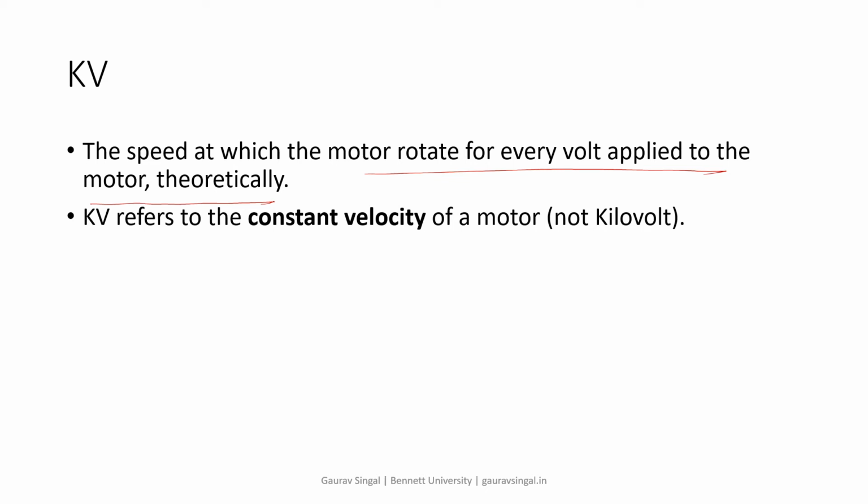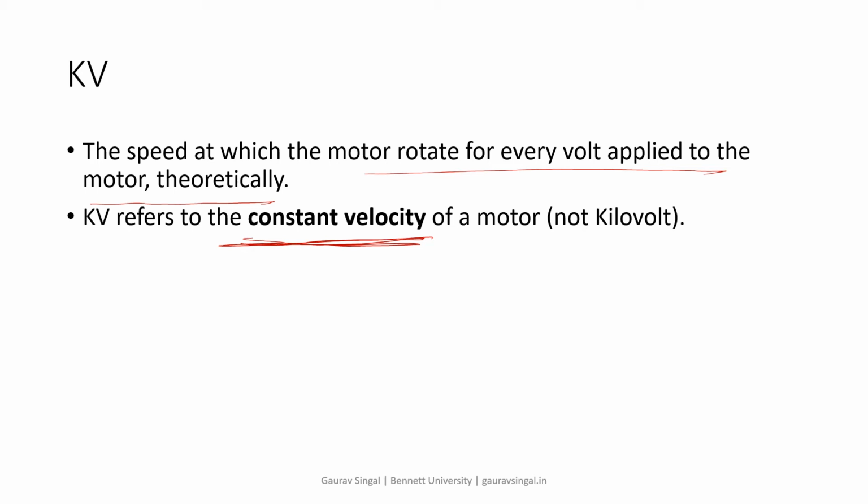kV does not refer to kilowatt or something like that. It's called constant velocity. What is the speed of the motor? We cannot say a high velocity motor is always good or a low velocity motor is always good.